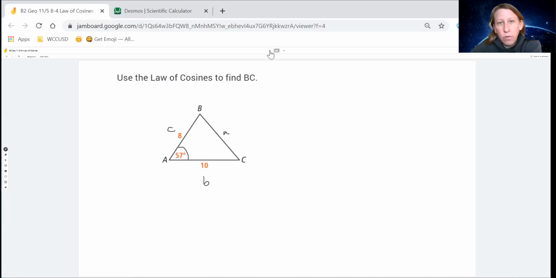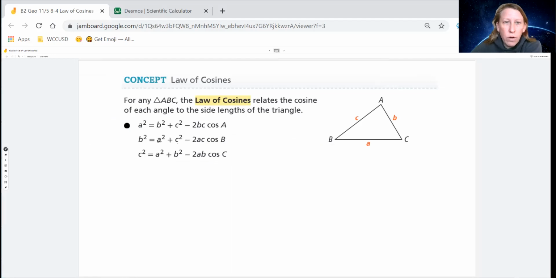Now, there are 3 formulas as part of the law of cosines. I want to find this missing piece. So I'm going to look for the formula that's going to give me this alone on one side. I want to find A, so I'm going to use this formula.